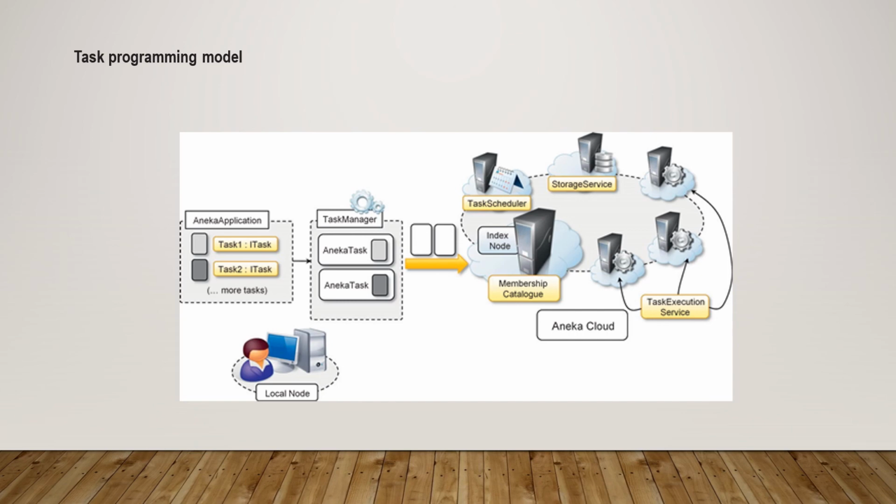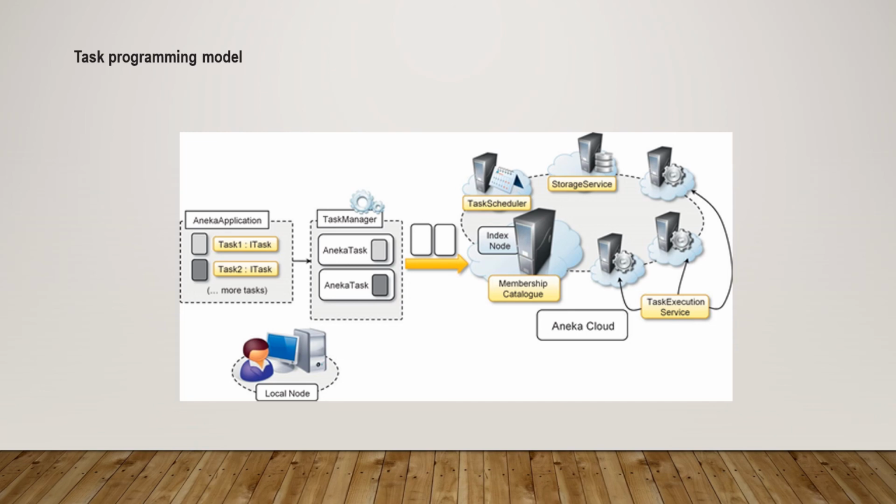In the middleware, four services coordinate their activities in order to execute the task-based applications: the membership catalog, task scheduler, execution service, and storage service. The membership catalog constitutes the main access point of the cloud and acts as a service directory used to locate the task scheduler service.